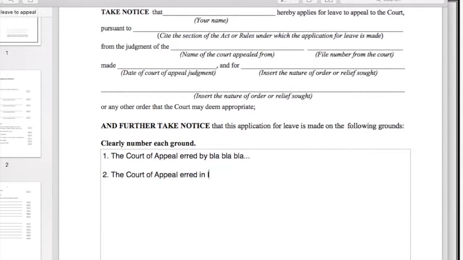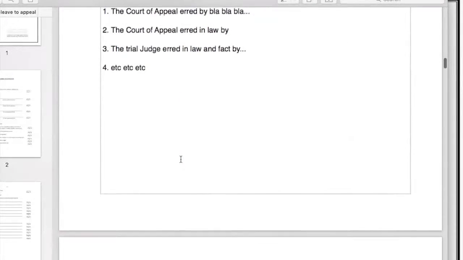In this document, I'm filling in all the grounds here. So the Court of Appeal erred in their decision by listing out that error. The Court of Appeal erred in law by that kind of error. The trial judge erred in law, in fact, by... So these are your grounds.